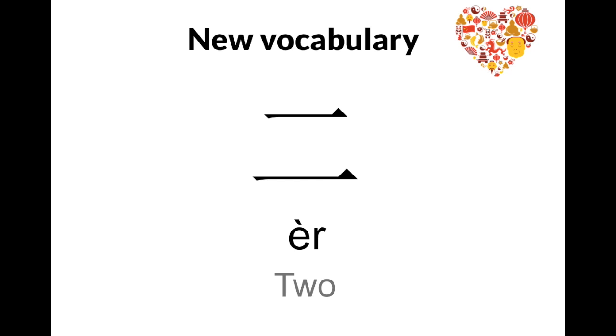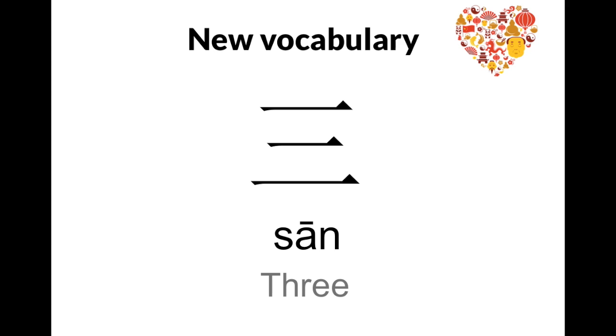And if you had 2 horizontal lines, meaning 2, then 3 horizontal lines, yes, it will mean 3. And here you have the middle stroke being the shortest, the bottom stroke being the longest, and in terms of length, we have the upper one in between. So san, first tone. San is the number 3.